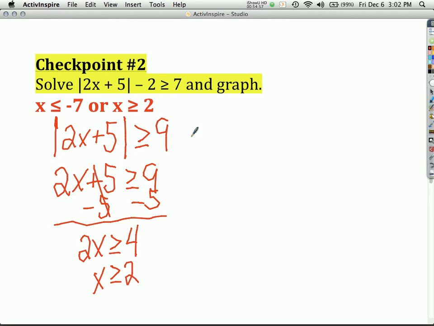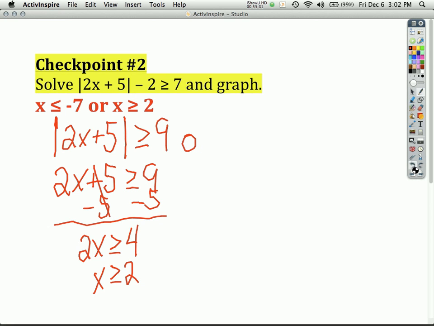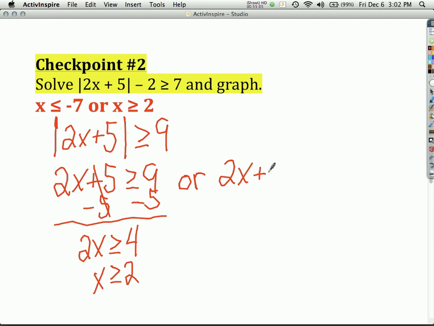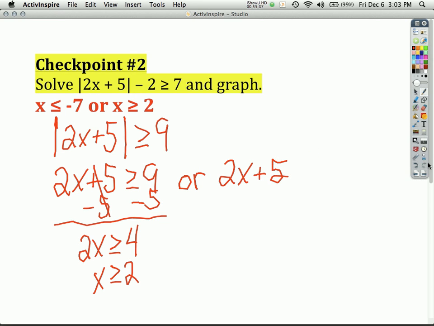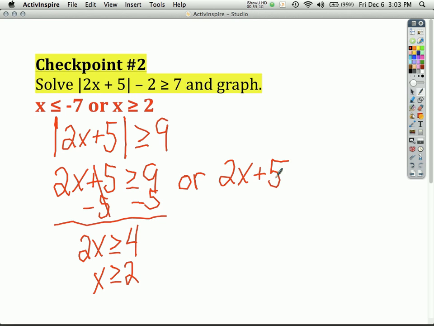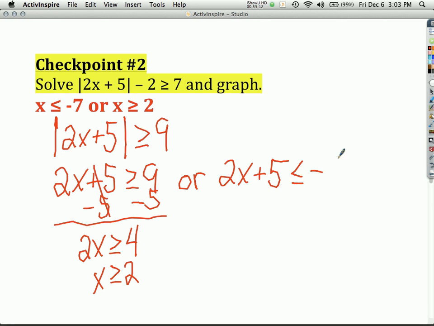Well, that's the second part. Or, oops, I put that in the wrong place. Or 2x plus 5 is less than or equal to -9. But I'm still asking, you're telling me your symbols were the opposite. Why did this symbol flip?